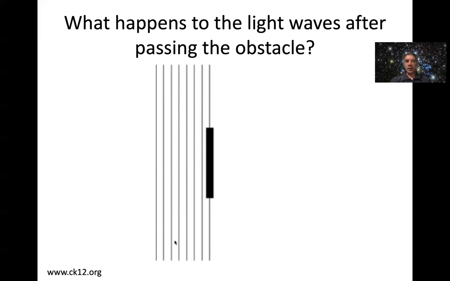So these would be like peaks of a wave as it's passing through here. So you could think of these as the crests of a wave. In this case, it could be an electromagnetic wave. And in the way here, we're going to put some kind of obstacle with a sharp edge at either side. So the question here is, what happens to these waves as they pass this obstacle here? Anything with a sharp edge, basically.